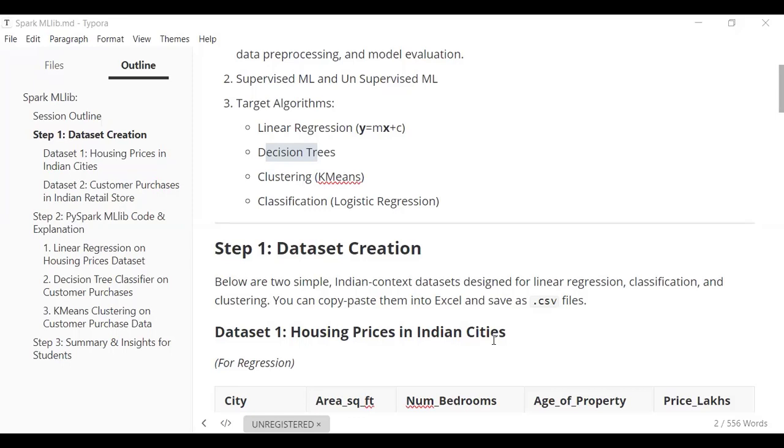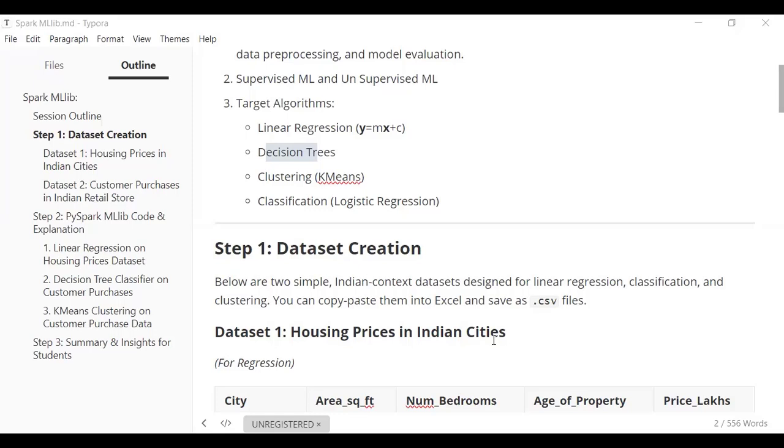But here I want to take up some practical examples and a couple of data sets which we created, not just taken from external sources like already available data, but newly generated data, to make sure you understand.